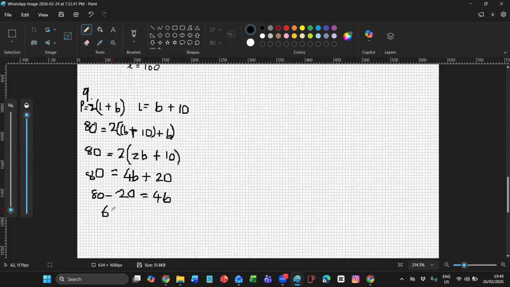So what do we now do to both sides? Divide by 4. That gives us 60 divided by 4, which is 15.